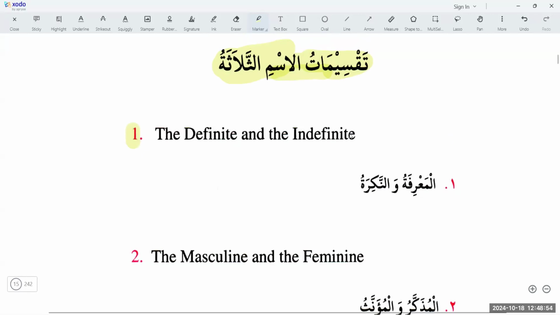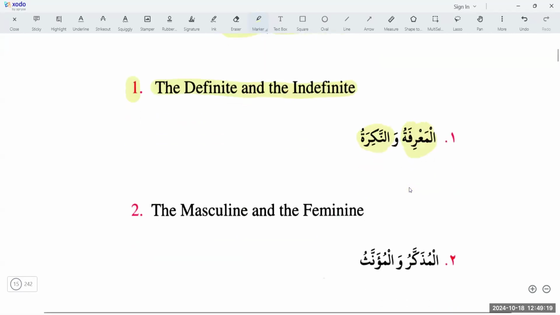A ism, a noun, is definite or indefinite. Al ma'rifatu wan nakiratu. A noun should be a ma'rifa or a nakira.